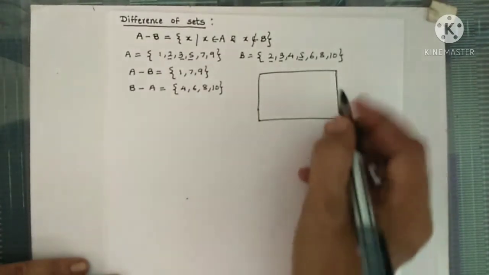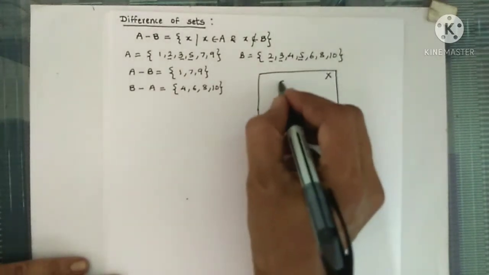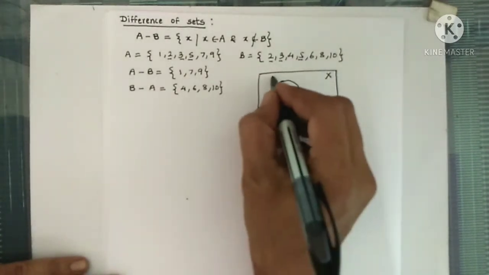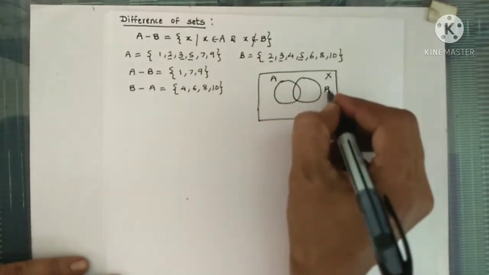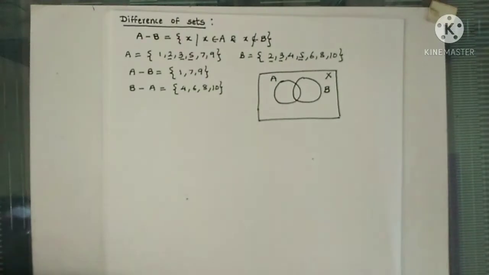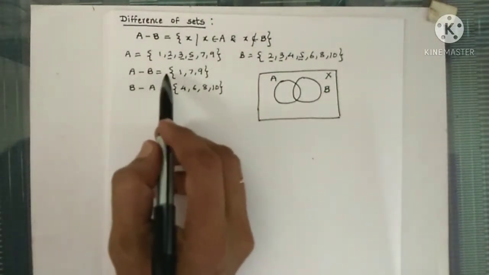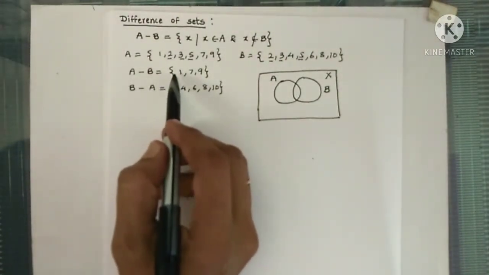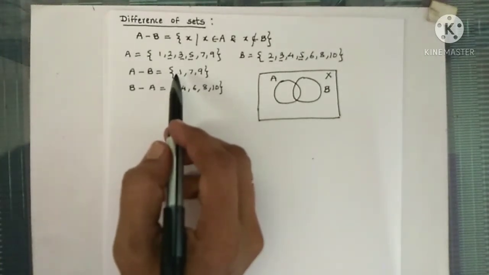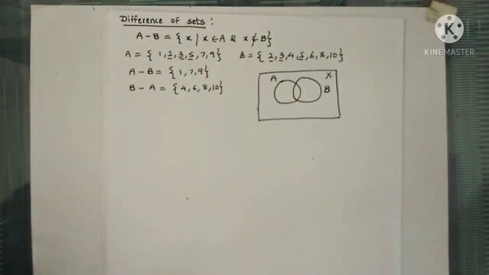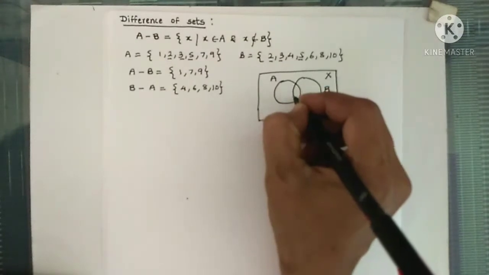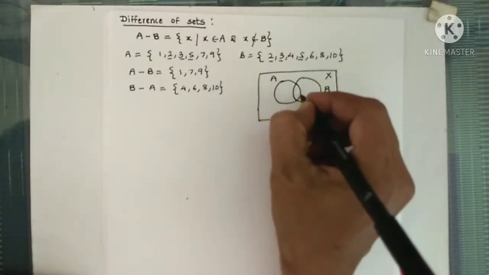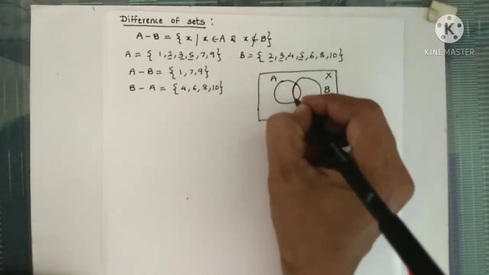So let this be universal set X. Let this be set A. And this circle represents set B. Now, by this discussion, we know that A minus B is a subset of A and we don't have to take A intersection B. So it is a part of A other than A intersection B. So this is A intersection B, the common elements of A and B. So the common portion of A and B is their intersection.